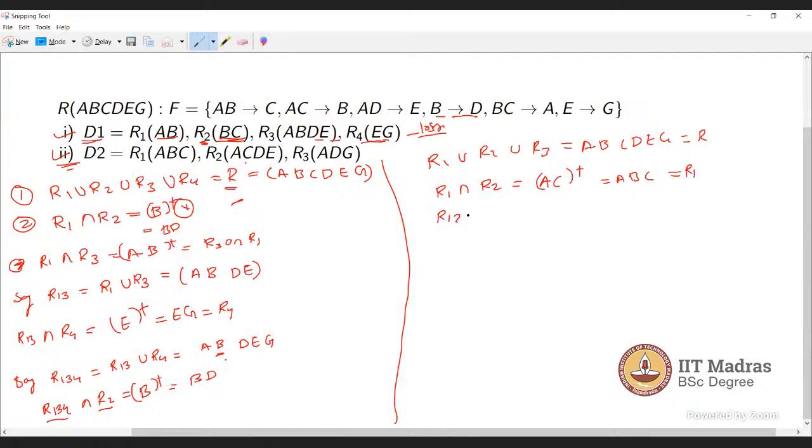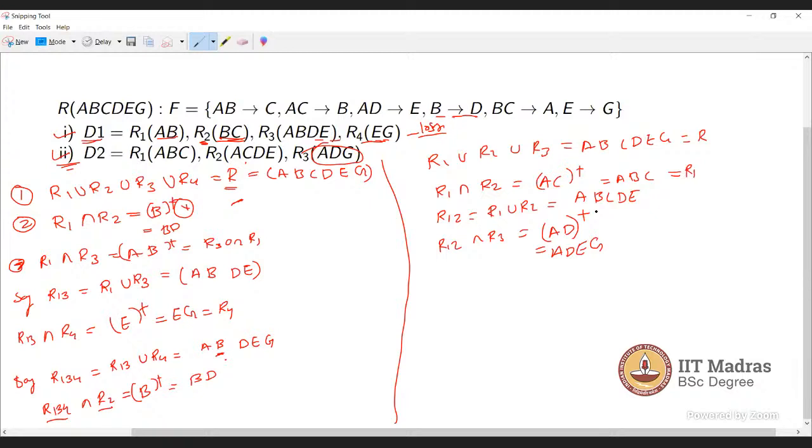Now R12, say R1 union R2. That is A, B, C, D, E. Then R12 intersection R3 will be AD. Now, if I take the closure of AD, right? Yes, sir. Then ADE, and from E I can get G. So I'm getting ADG here, right?